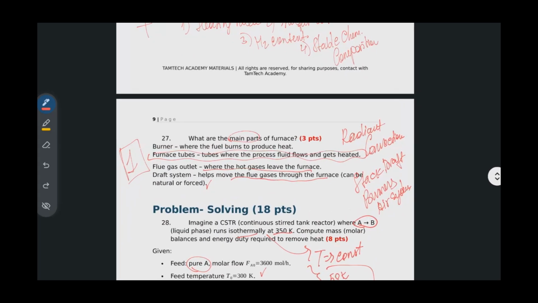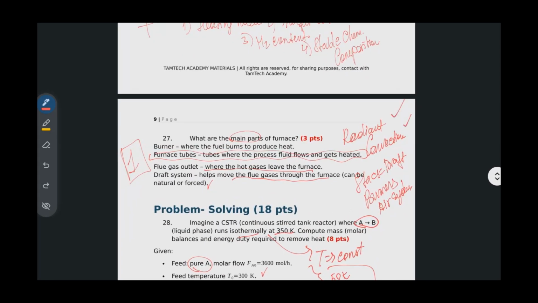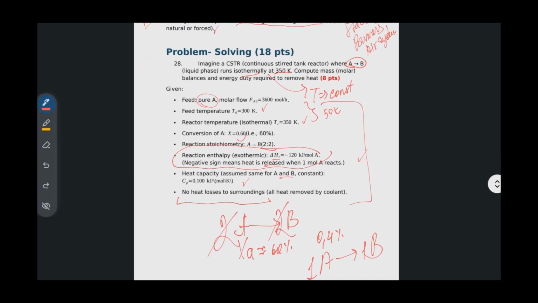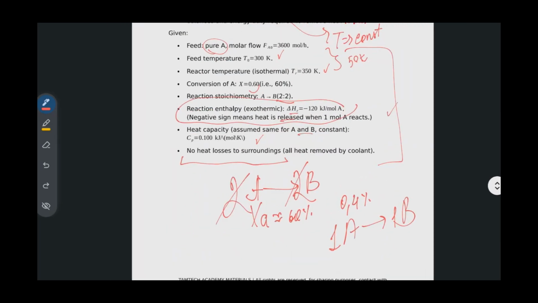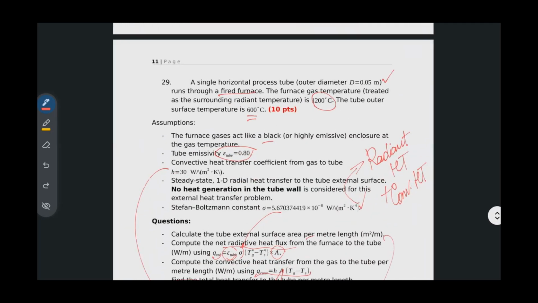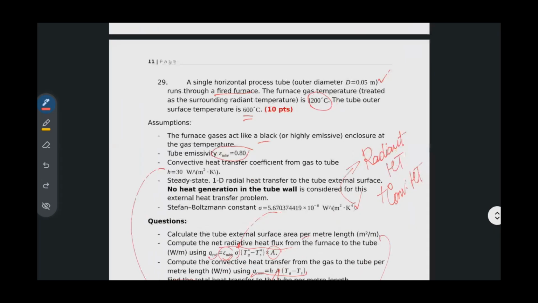Main parts of the furnace, we mentioned that it should be radiant, convection, stack, draft, burners, air register system. And in the last, we had only 2 simple problem-solving examples, one of them related to CSTR reactors. We mainly involved the conversion here, and the second one was about the furnace and the convection and the radiation. Very simple problem-solving.